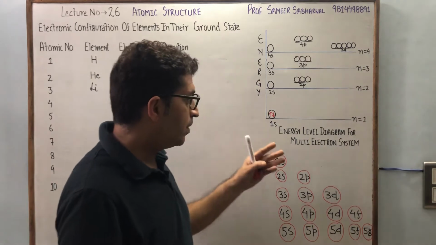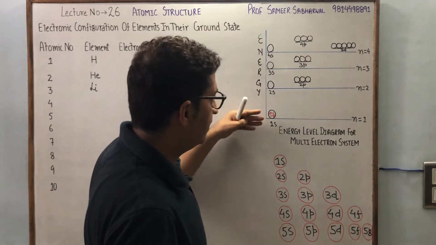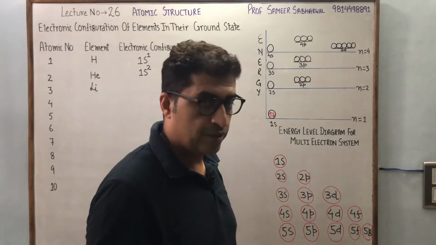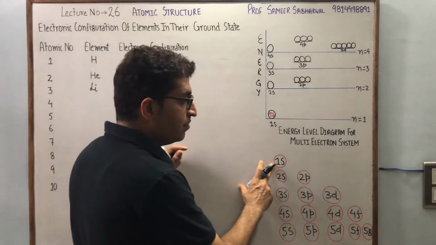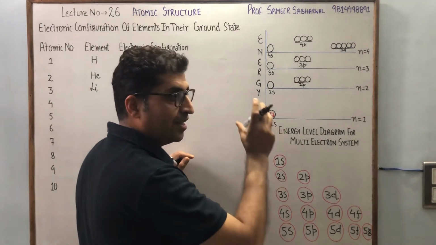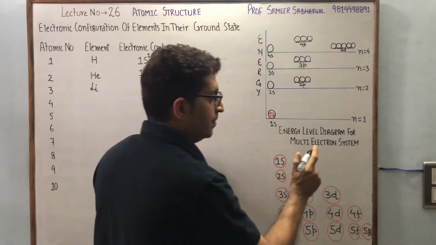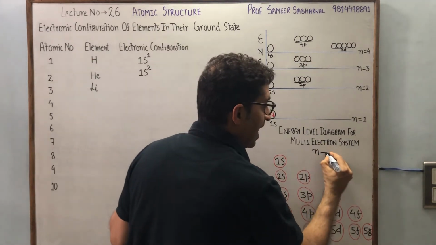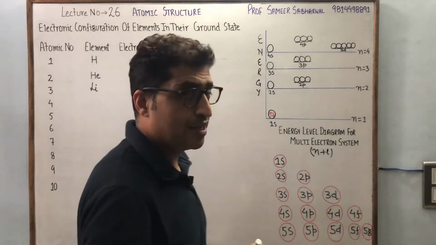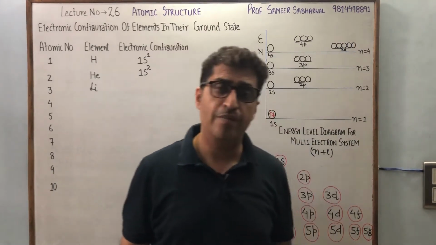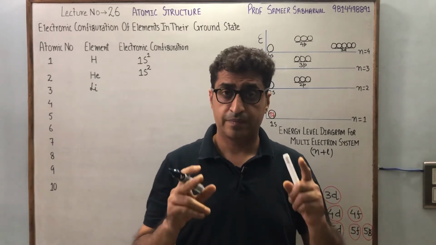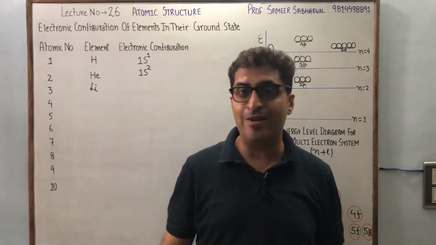You can apply that here too, to decide which shell the first electron goes to first. Why? Because the energy is minimum there. Energy in the case of a multi-electron system is given by the n plus l value. I repeat, in a multi-electron system, energy is given by the n plus l value, and in a single electron system, energy is given by n only.